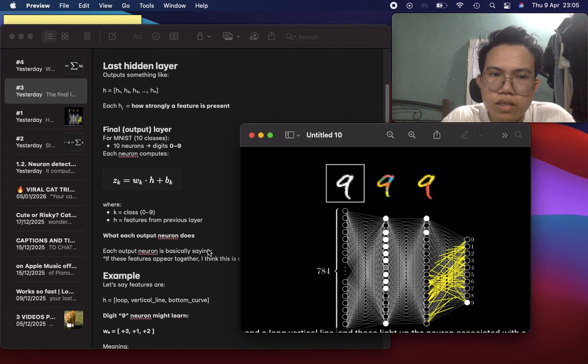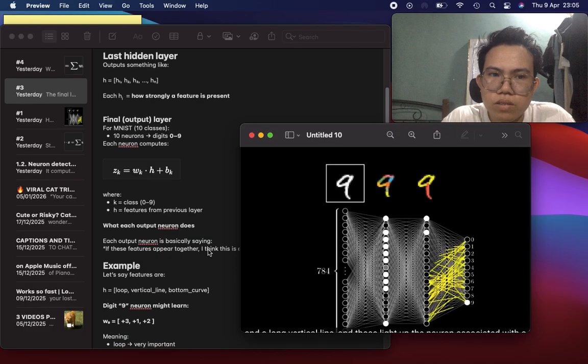And the last hidden layer outputs something like h equals h sub 1, h sub 2, h sub 3, up to h sub n, where h sub i determines how strongly the feature is present. How strongly these features are present here in the last layer.